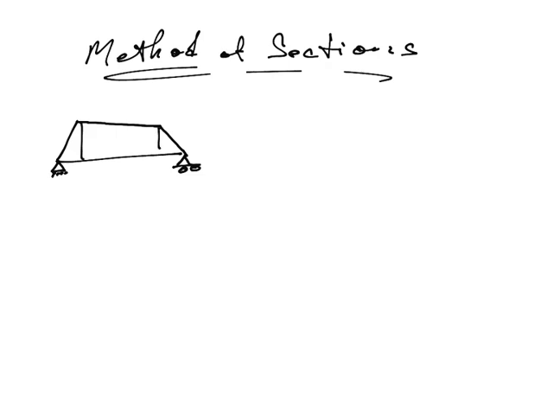You could have a truss, something like this, with some set of loads, and we have different joints, and we'd like to know what is the force running through each of these members, A, B, C, D, E, F, G, H, and whether those forces are tension forces or compression forces.